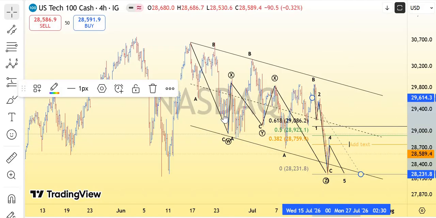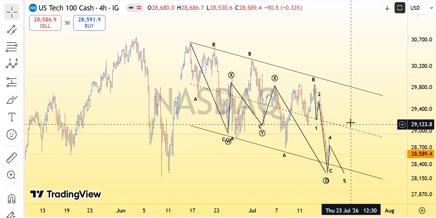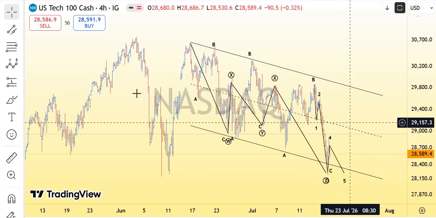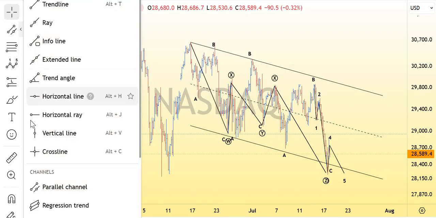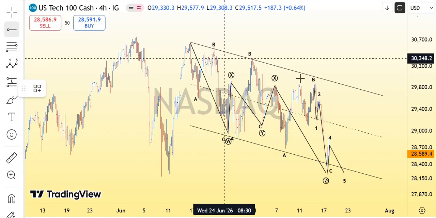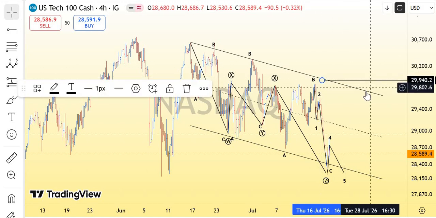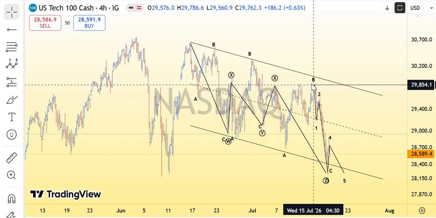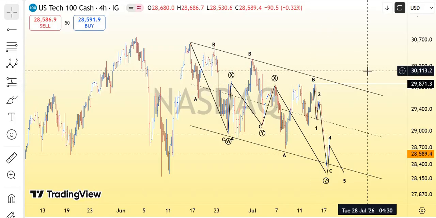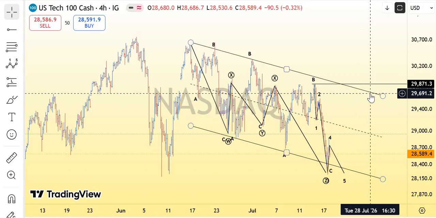So we are into the 4th wave, then we will retest this, and hopefully this correction will end and we may again give a pull back to the upside, at least till this zone, breaking this and this B top, breaking this falling trend line of the channel and the B top, right?